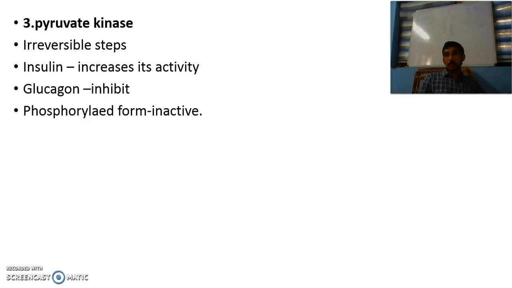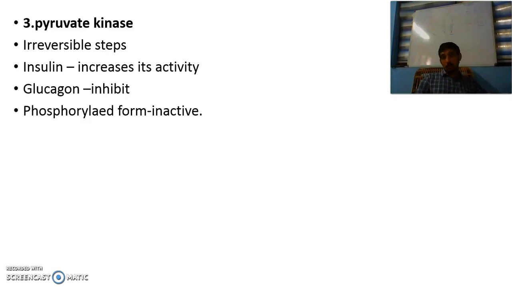because when the blood glucose concentration is high, then the cell needs to store or reduce that excess glucose. So during that condition, insulin increases the activity of pyruvate kinase, thereby the rate of glycolysis will be increased.